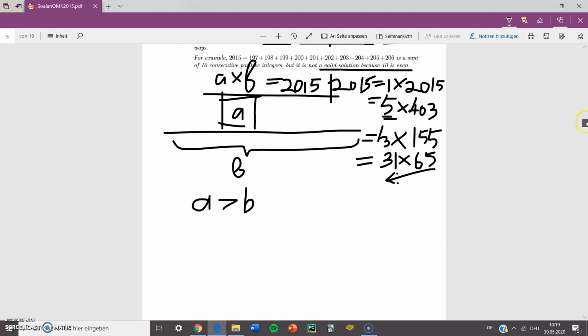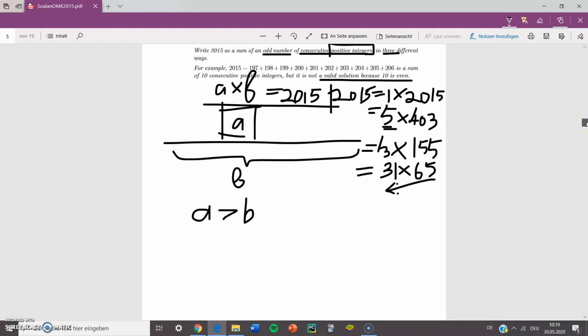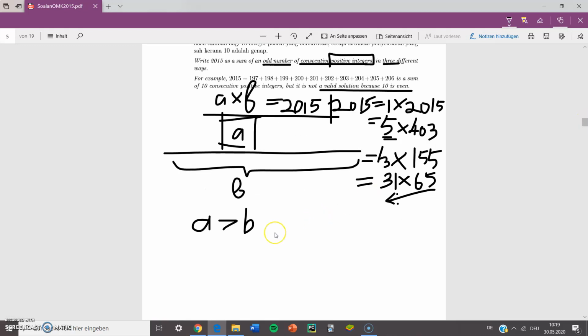Why should my A be larger than B? Let me give you an example. If A is smaller than B, with A being the average and B being the number of integers within this string, maybe I'd say 5, and then I have 403 numbers.